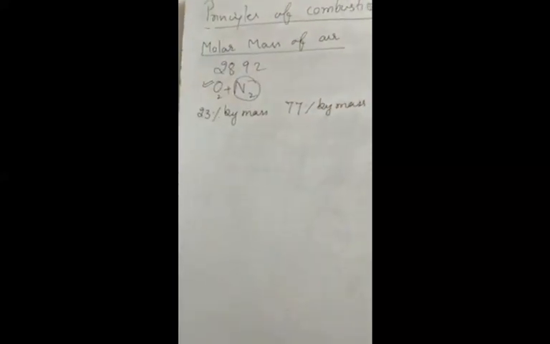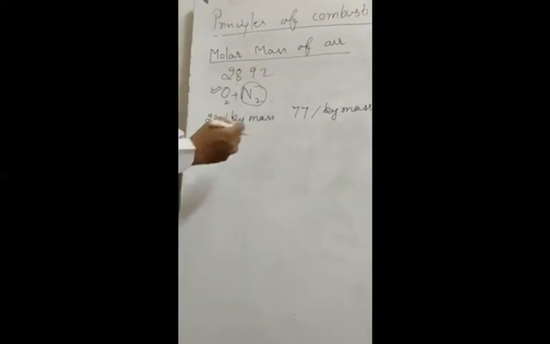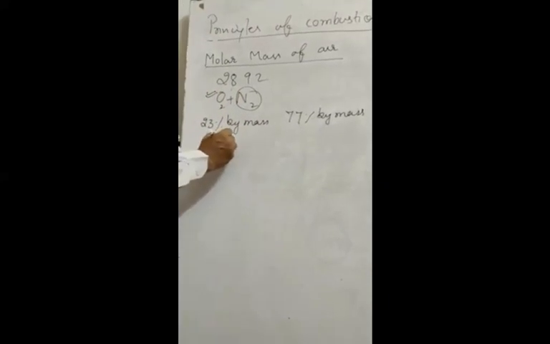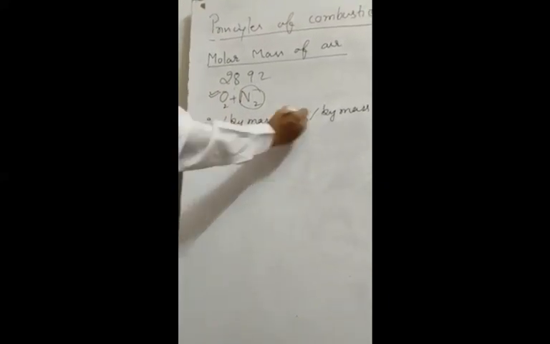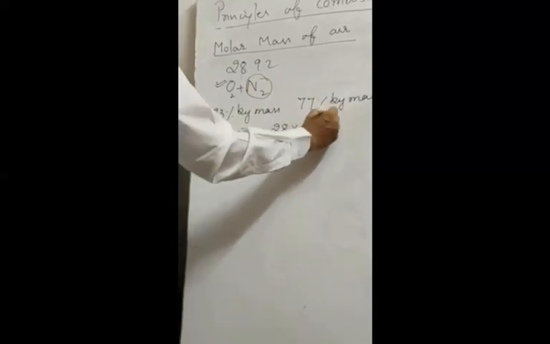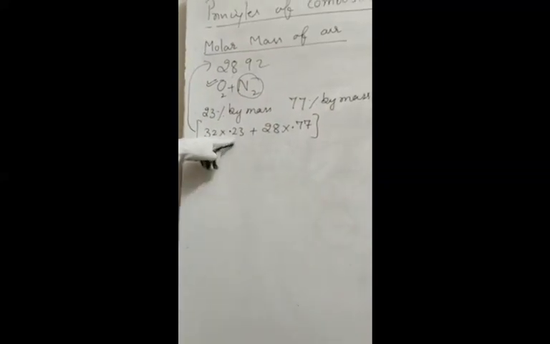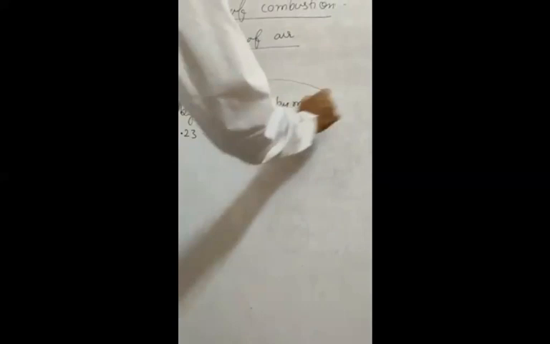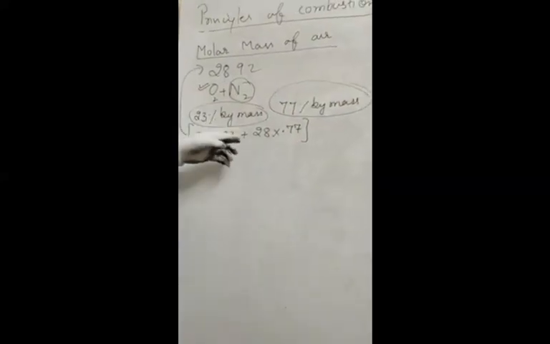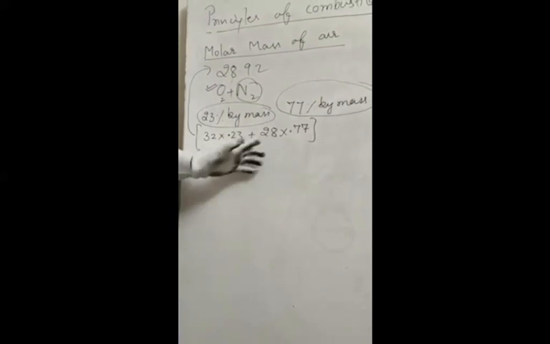So considering 100, for oxygen the molecular weight is 32 into 0.23, plus nitrogen, 28 into 0.77. This sum is utilized because 23% by mass and 77% by mass of oxygen and nitrogen are present, and this is how to calculate the molar mass.